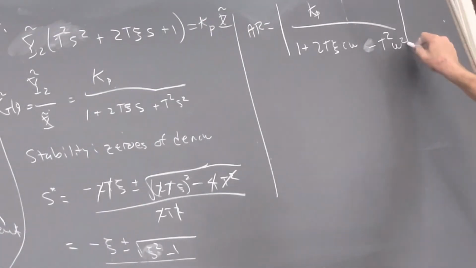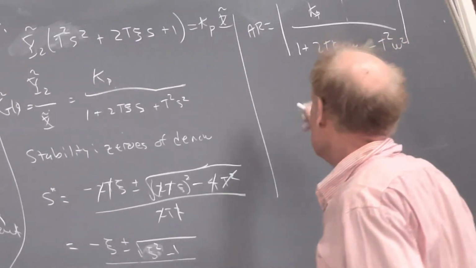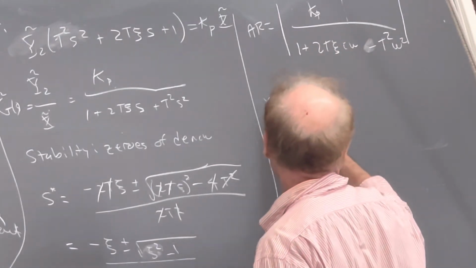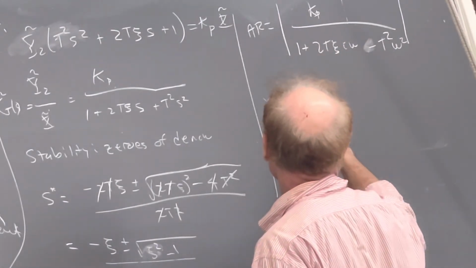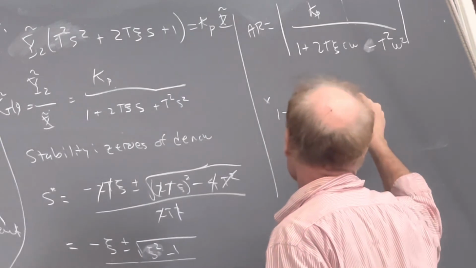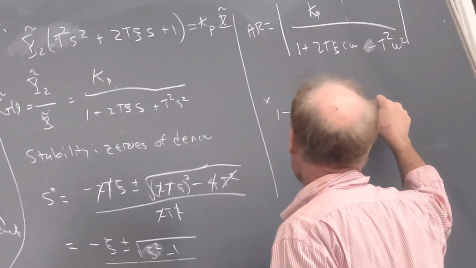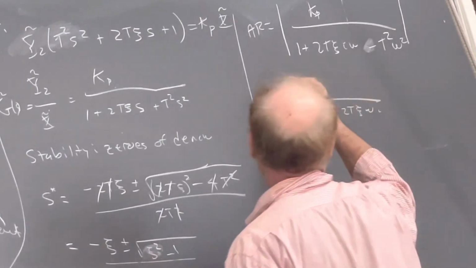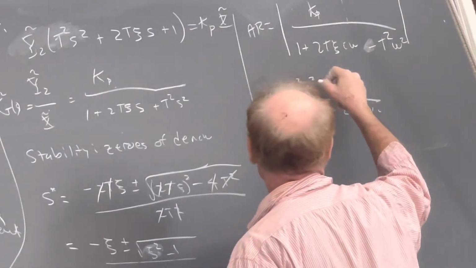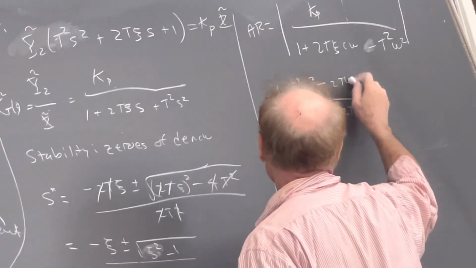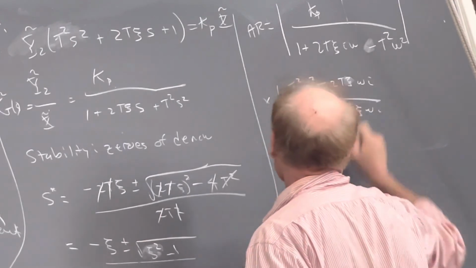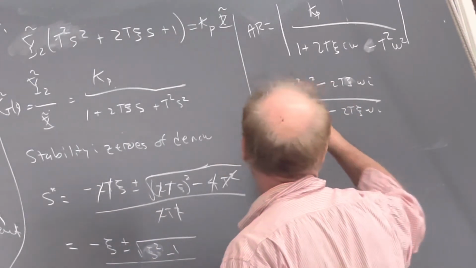So I need to figure out what that is. That's equal to, so to do that, I multiply by 1 minus t squared omega squared minus 2tc omega I over 1 minus t squared omega squared minus 2tc omega I.